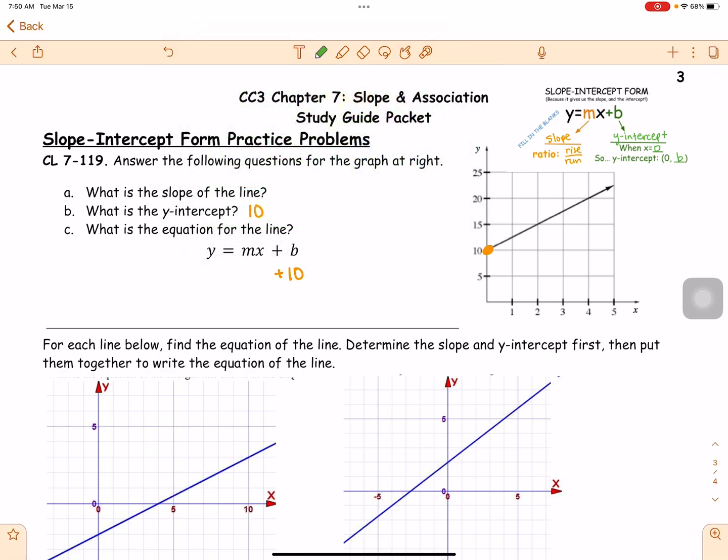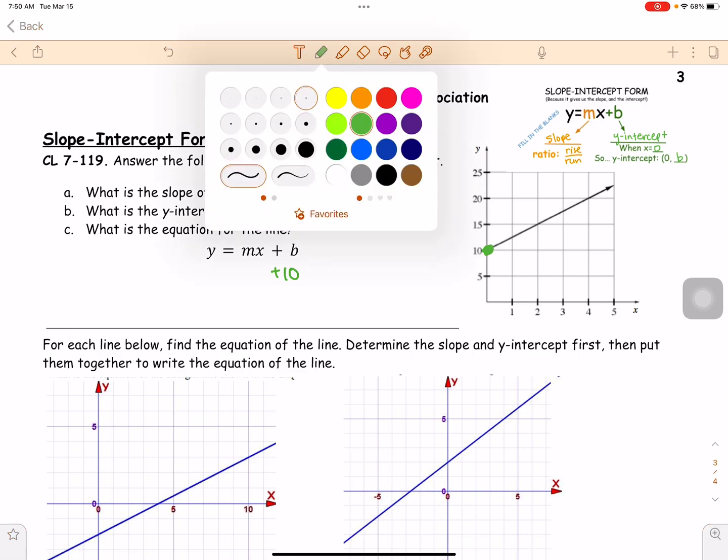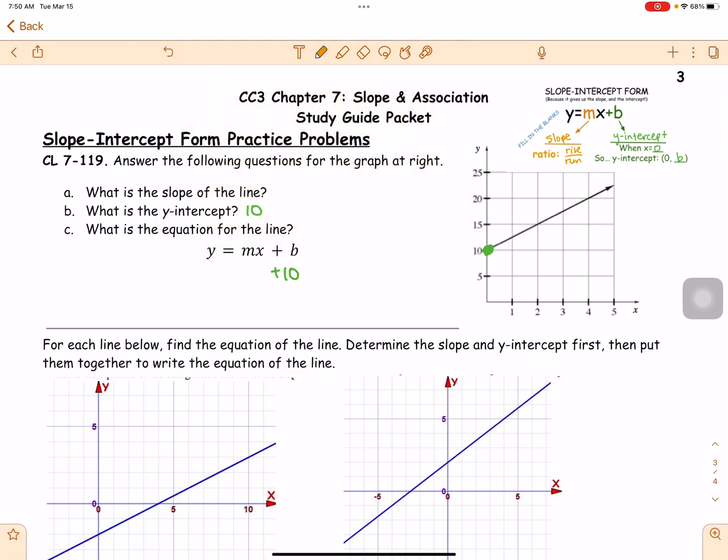Now the slope, oh, I just realized I used the wrong colors. Hold on, it's going to bother me. So I said y-intercept is 10, plus 10, right here. So now your slope, you have to create a slope triangle. I see I have a lattice point here and one here, so I could use any of these 3 points I have here.